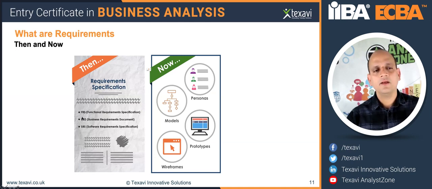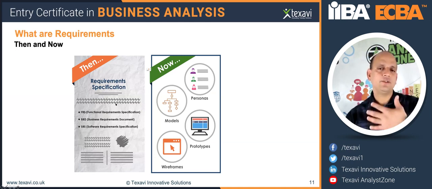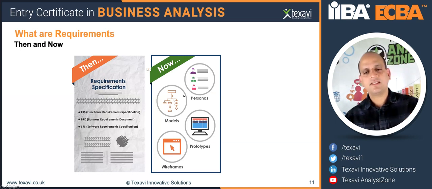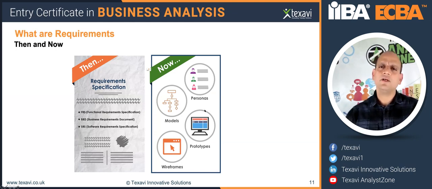But fast forward that to the agile mode, which is what we are working on now. Now requirements are in different shapes, sizes, and forms. So you've got user stories, models, personas, prototypes, wireframes, the backlogs. All of these are essentially what we have at the moment to say that we are managing the requirements.